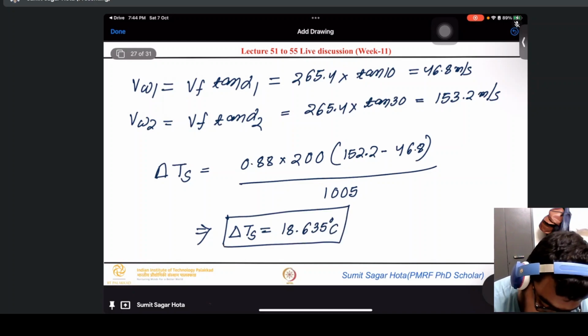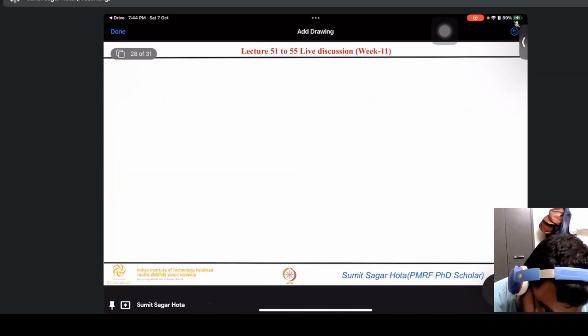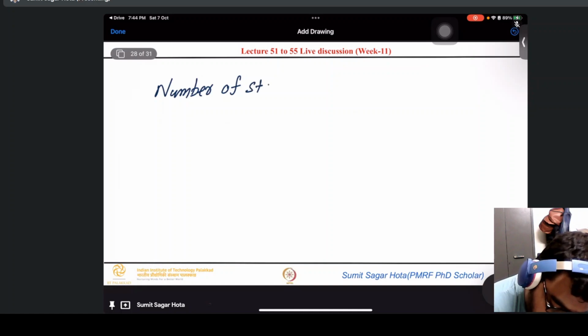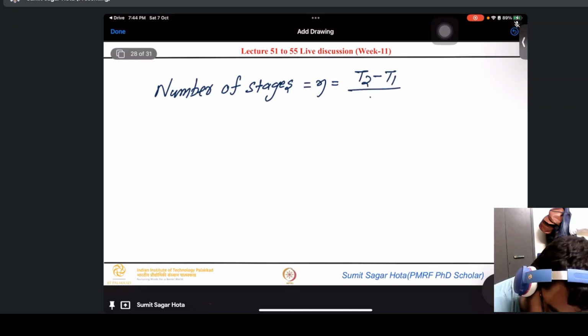So what is the number of stages? Here the number of stages n is equal to T2 minus T1 divided by delta Ts.